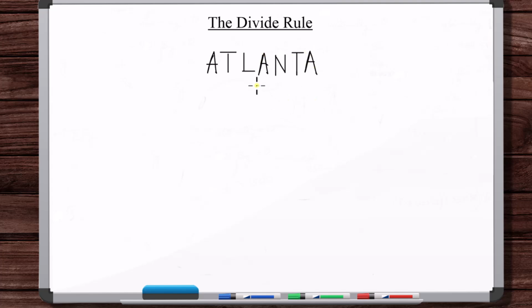The question is, how many different ways can we arrange the letters of the word Atlanta in a line? So here's one, right? But another would be, right? There's another. So what's the total number of ways you can arrange the letters of the word Atlanta?